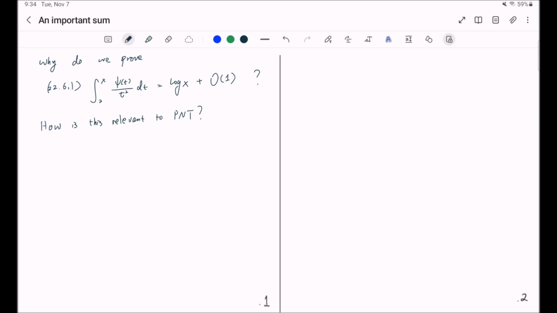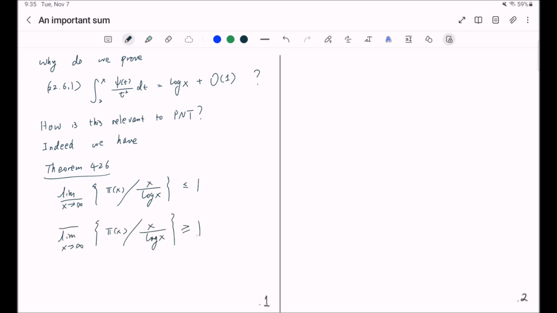Indeed, we have the following theorem that looks very close to the prime number theorem. We'll show from this formula that lim inf of pi of x divided by log of x is less than or equal to 1.